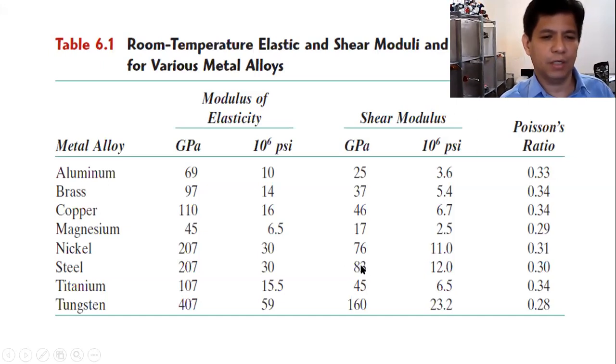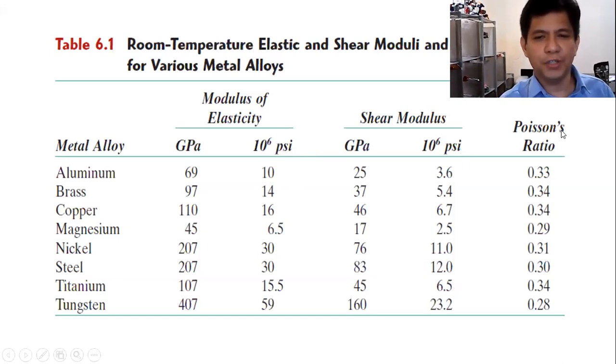Mataas yung steel, tungsten is 83. Mahal siguro yung tungsten. So ito na yung pinaka-practical. Nickel mahal din yun. So ito iron lang na may carbon, kaya practical to. Ito pala yun sa English, parang 10 to the 6, this is 1 million PSI.